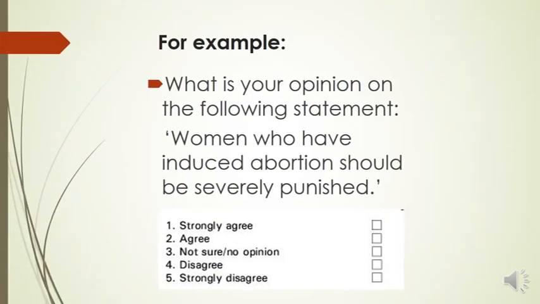For example, we can ask the following in a questionnaire. What is your opinion on the following statement? Women who have induced abortion should be severely punished. And then the respondent is provided with the following choices for him or her to choose.